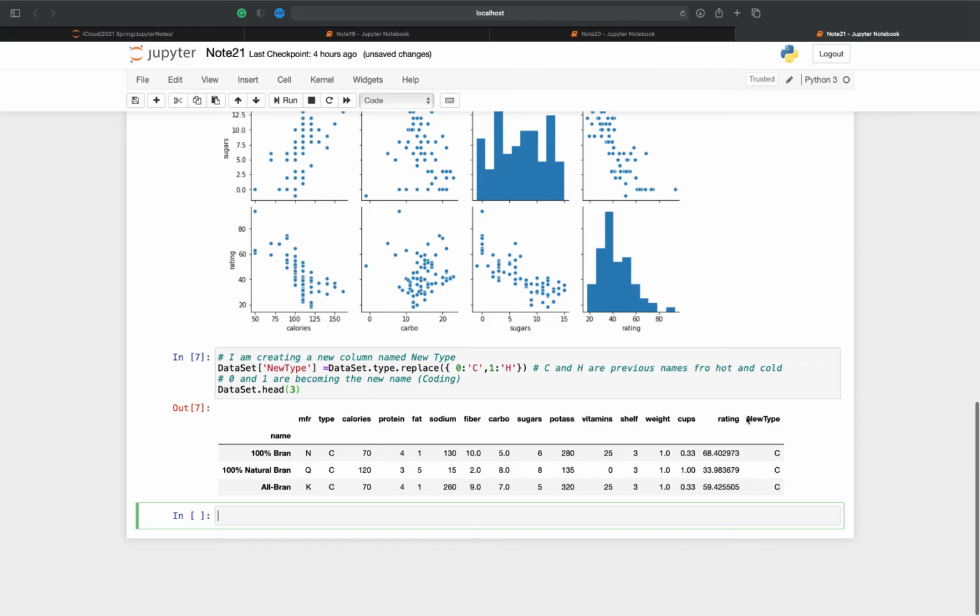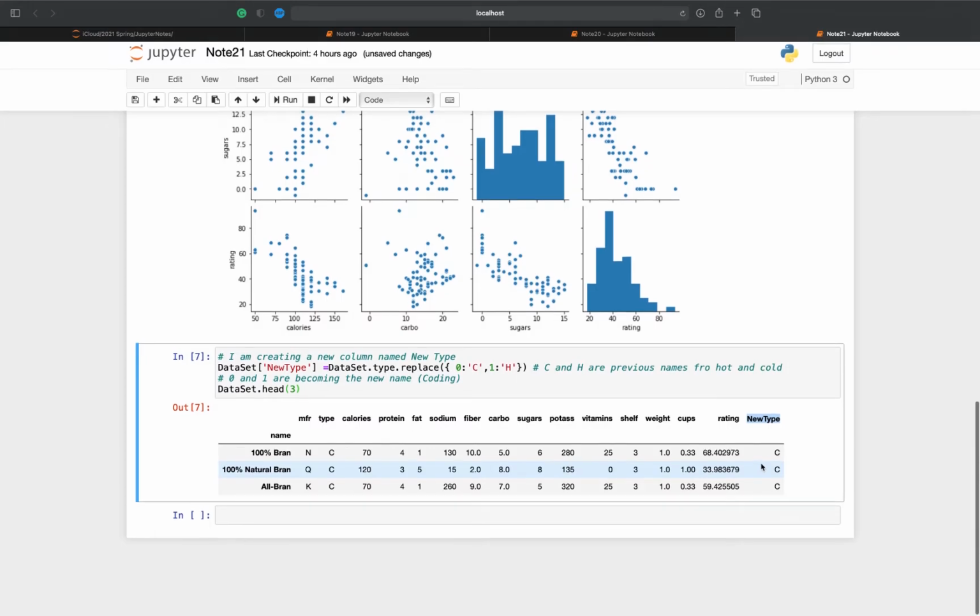Okay, so now I have a new column. Instead of C, I should have 0, and instead of H, I'm going to have 1.